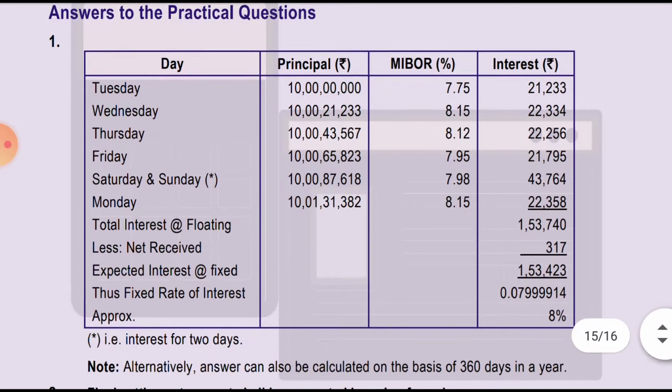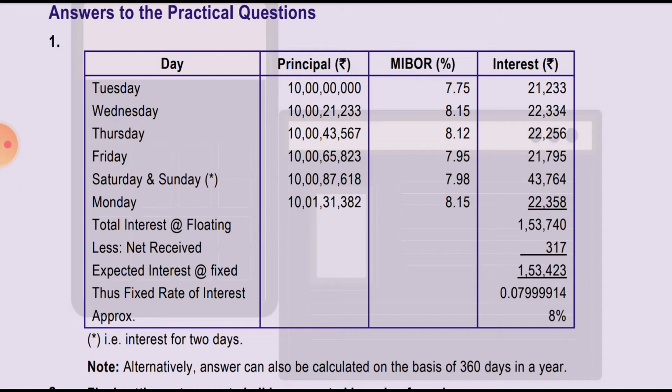See, what we have done is day, principal amount, MIBOR, interest from Tuesday till Monday, a 7 days period, and in that we had merged Saturday and Sunday. 2 days interest will accrue. Now first on Tuesday, the derivative bank has invested 10 crore rupees.